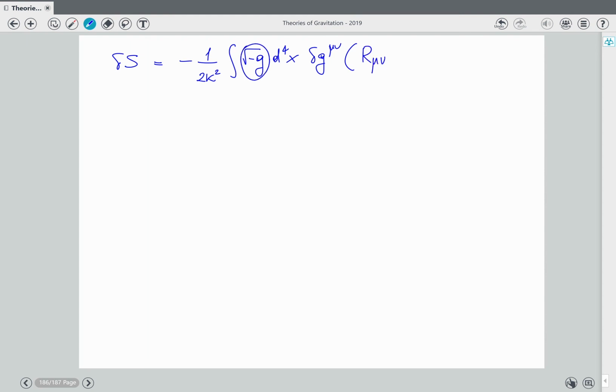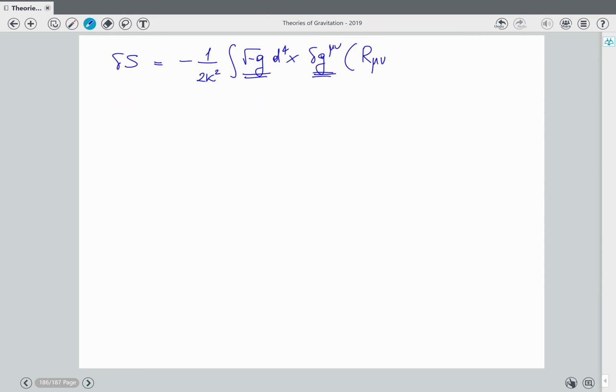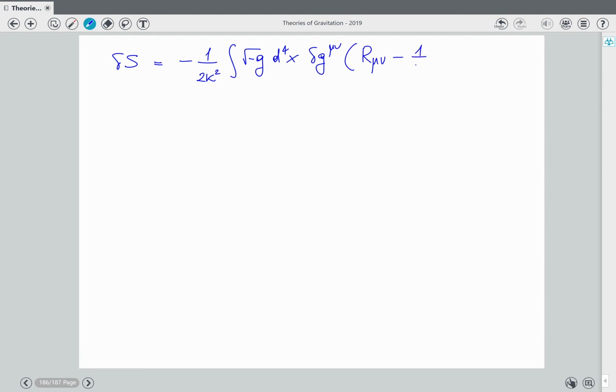If you vary inside the square root of minus g, you get delta g mu nu times g mu nu, minus 1/2 square root of minus g. So square root of minus g is already there, delta g mu nu is already there, and we remain with minus 1/2 g mu nu, which multiplies R. That's it. Don't need to do anything else.